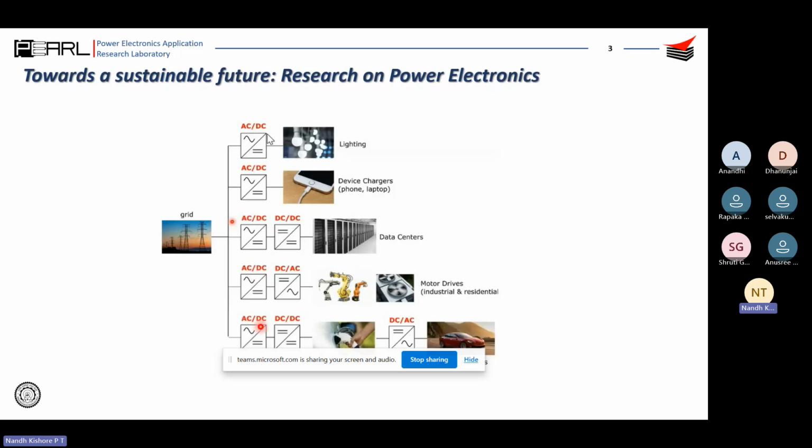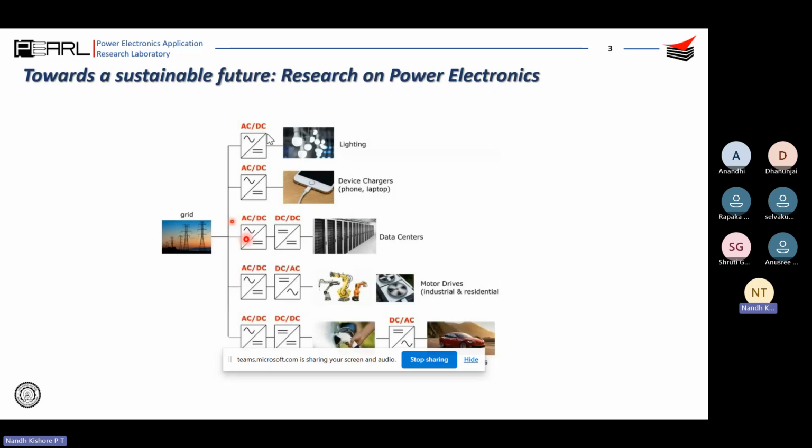And similarly, you have EV charging applications as well, right? So let's say you take a car battery, which may be typically around 400 volts, right? So if you have to have 400 volts constant DC, first you need to convert the grid voltage, which may be around 230 volts, right? That is what you get at your houses.